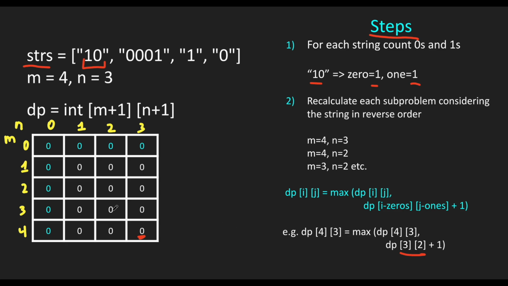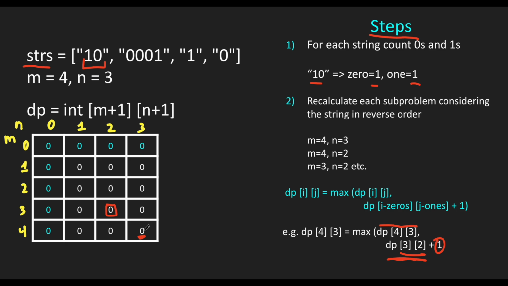So we are taking the 3 and 2 subproblem, whatever is already solved there, plus 1, since we are considering our string. So we are checking either the current value at 4 and 3, whichever is the max, or this subproblem that we have already solved, plus 1, because we are considering our string.